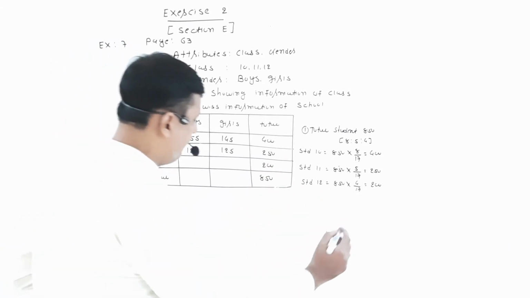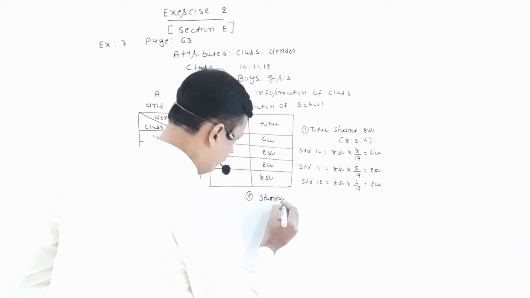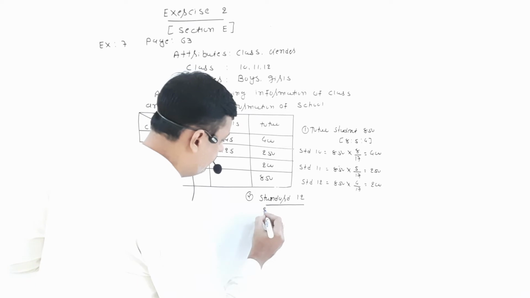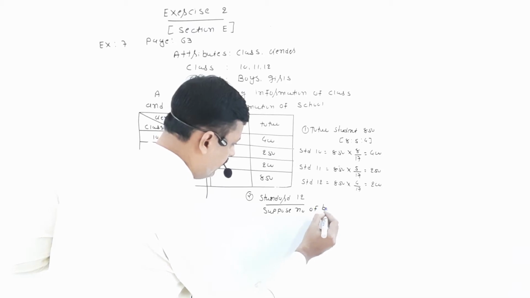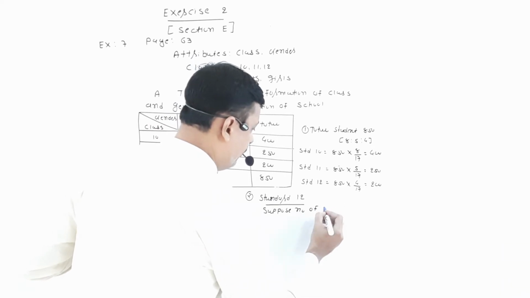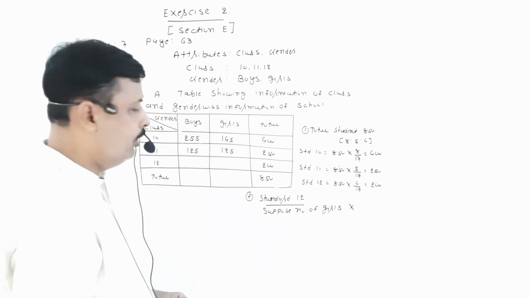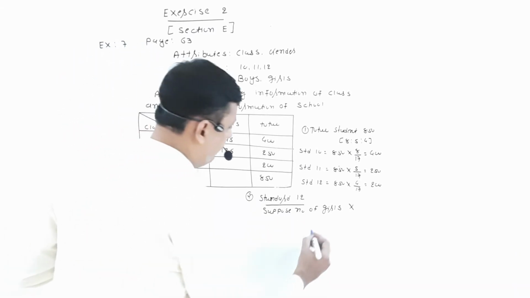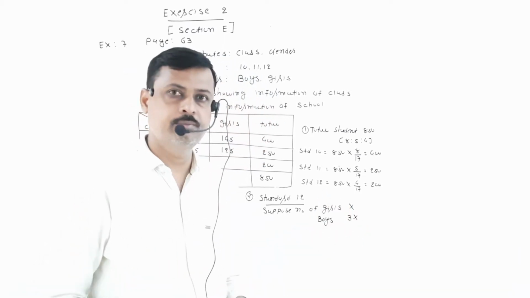So in standard 12, suppose the number of girls is x, and boys 3 times, x 3 times means 3x.